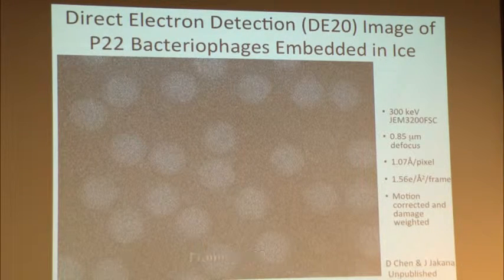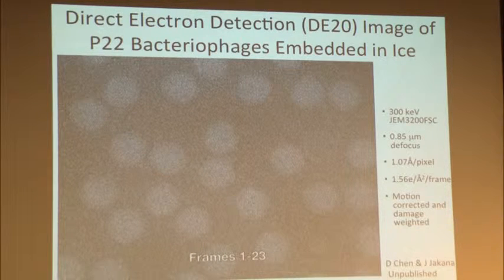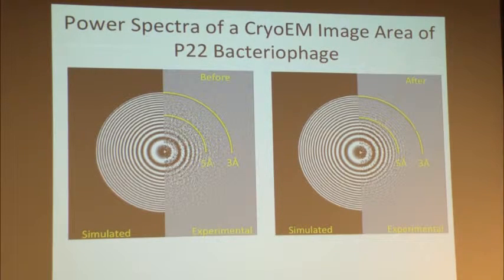Now, how do I know this is actually improving? One way we do it is we compute power spectra of these images before the motion alignment and after the motion alignment. Here are the power spectra of such an image.